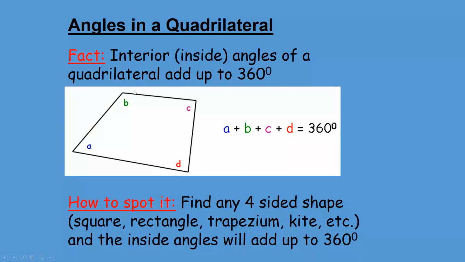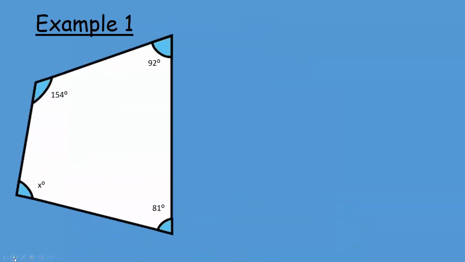So just copy this shape here and this: A plus B plus C plus D equals 360. And then we'll have a look at some examples. Okay, so here's our first example.